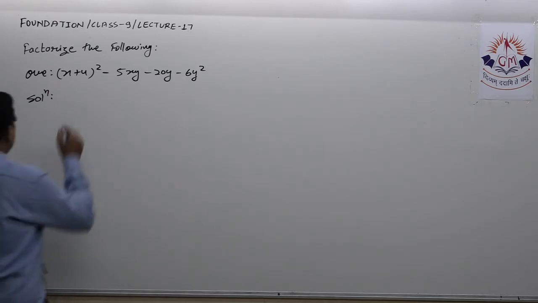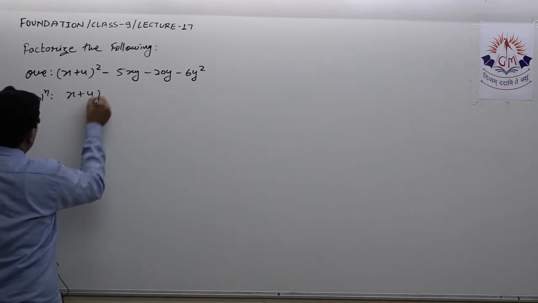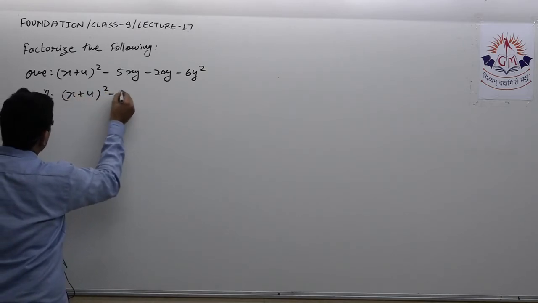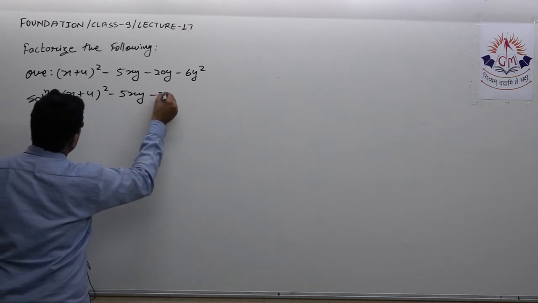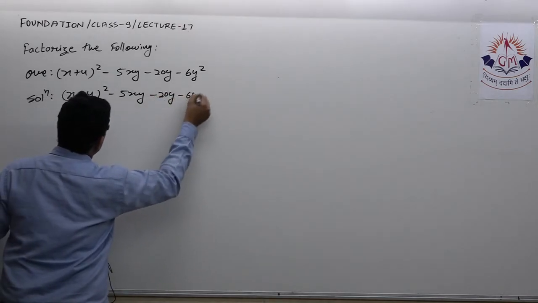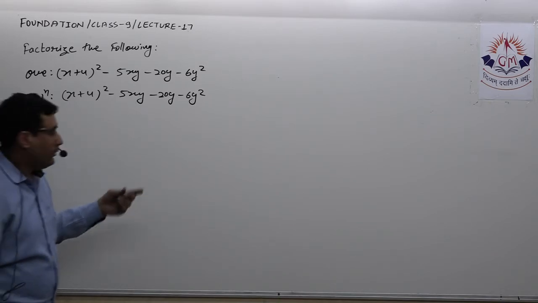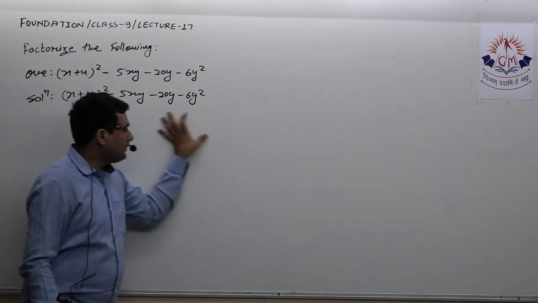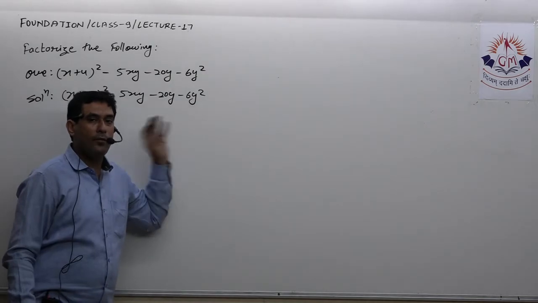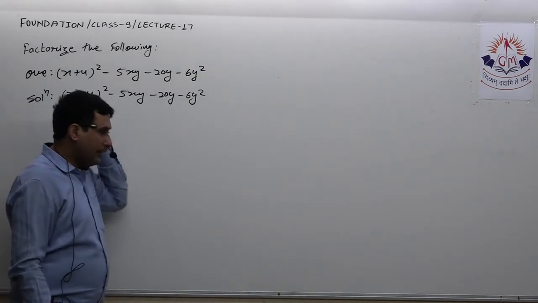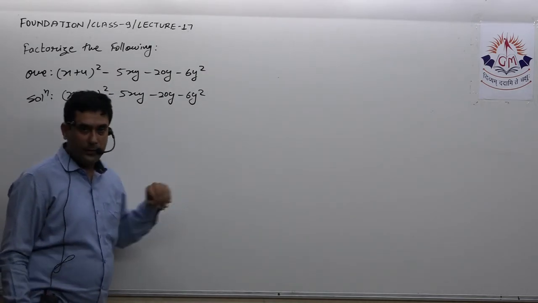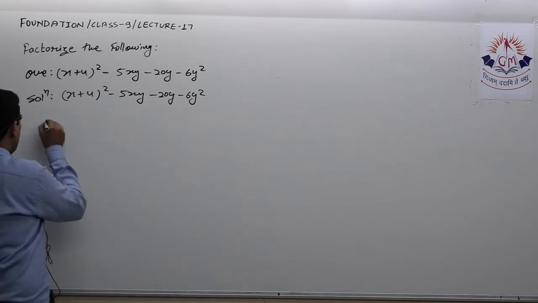Okay, so (x plus 4) whole square minus 5xy minus 20y minus 6y square. See, this is a complete square. Now, if it is possible to write these three terms in the form of a complete square, then after that I can apply the identity of (a minus b) whole square.